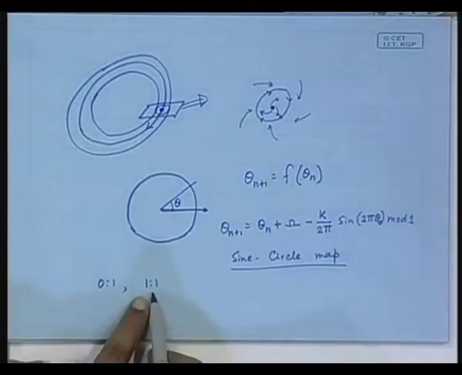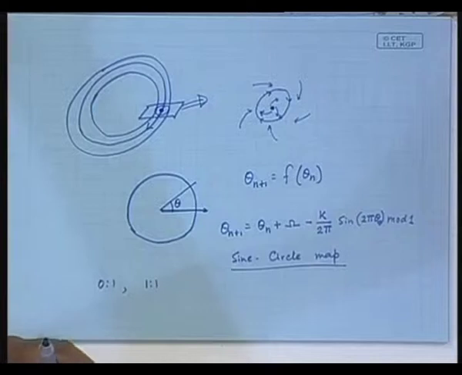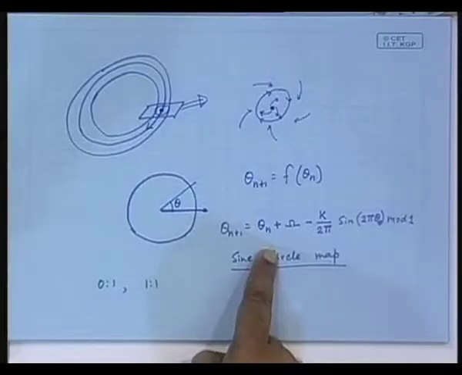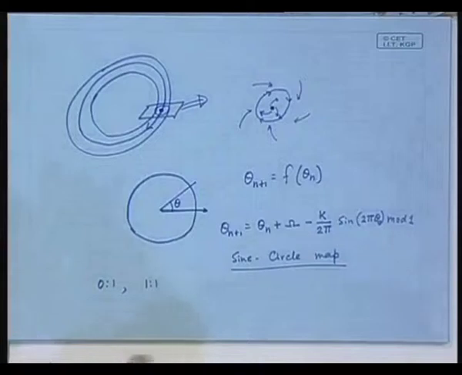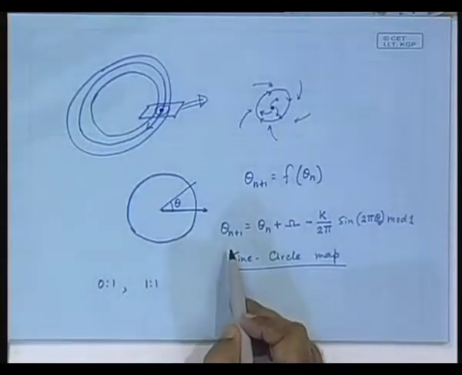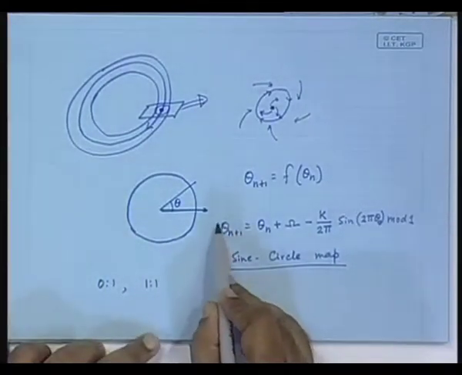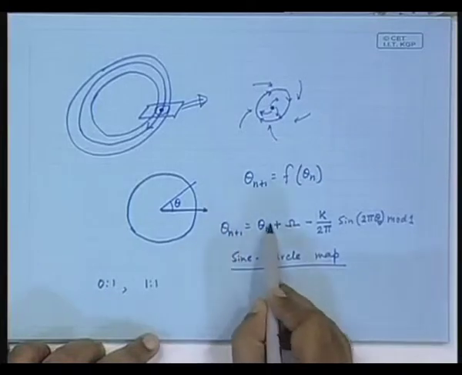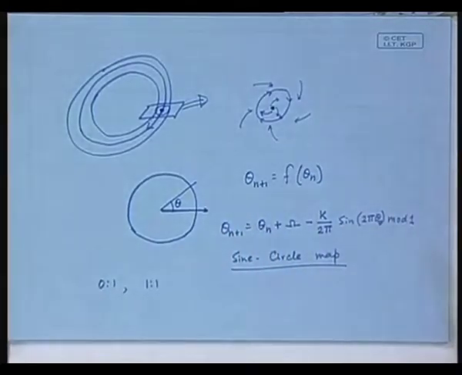Likewise, what would be the condition for 1 to 1? 1 to 1 mode locking would mean physically that while it goes around the big circle once, it also goes around the small circle exactly once. Going around the small circle exactly once means addition of 1 in this case, because it is normalized to 1. So, in order to obtain that condition, we had simply put theta plus 1 and solved it and we got the condition.